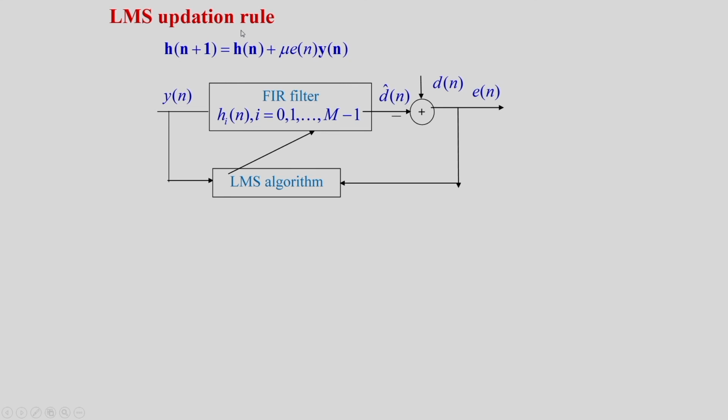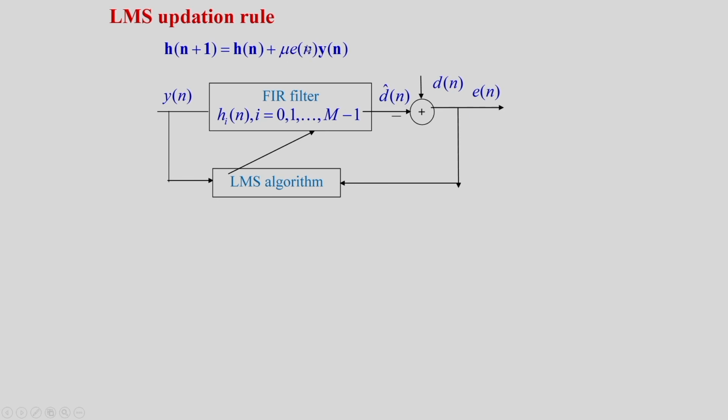We considered one basic adaptive filter, what is known as the LMS adaptive filter, and its updating rule was this: h[n+1] is equal to h[n] plus mu into e[n] into y[n].